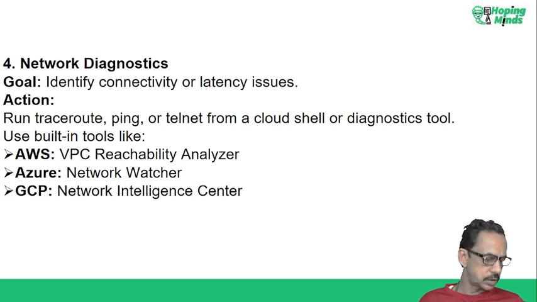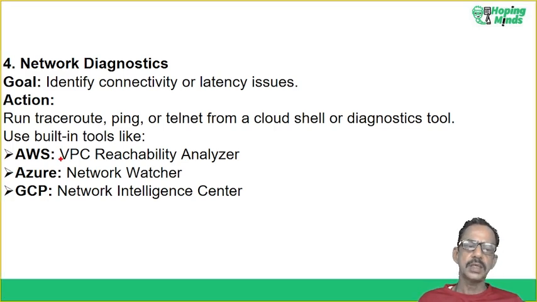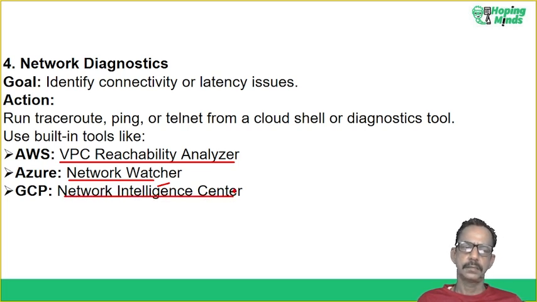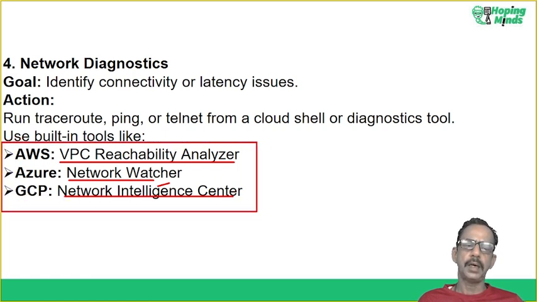But the built-in tools are: for AWS, VPC Reachability Analyzer; in Azure, Network Watcher; and for GCP, Network Intelligence Center. These are the built-in tools in the cloud provider environment.